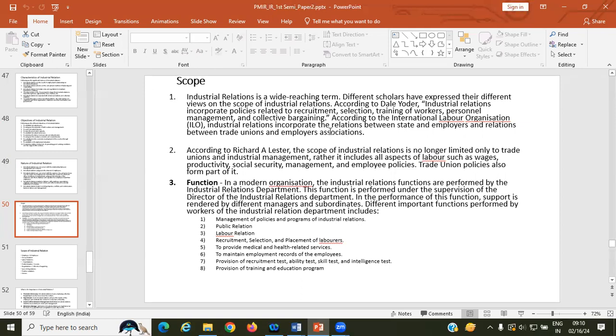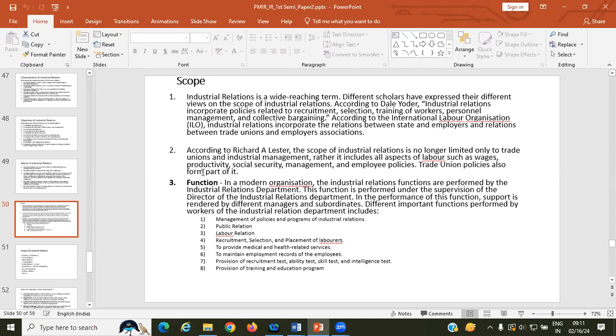According to Richard A. Lester, the scope of industrial relationship is no longer limited only to trade unions and industrial management. Rather, it includes all aspects of labor such as wages, productivity, social security, management, and employees' process.